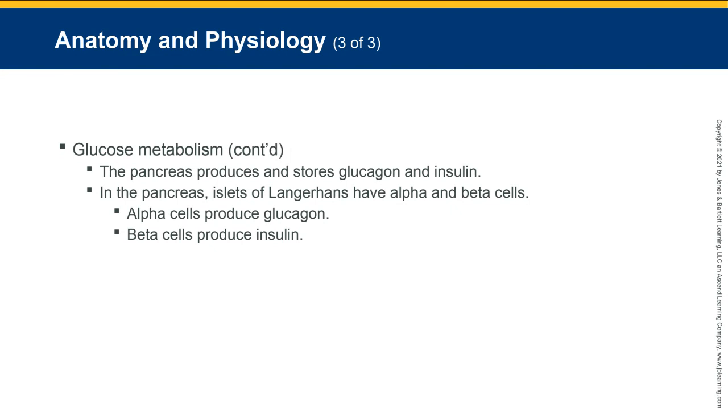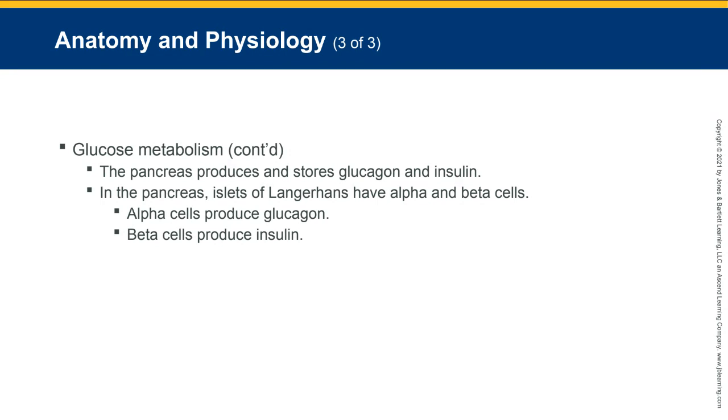Glucagon is going to be produced when blood sugar is too low, or if the body thinks that the blood sugar is too low, because the blood sugar might be appropriate. It's just that the insulin is not working as it should, or it's not present to facilitate the movement, but the body might not know that.